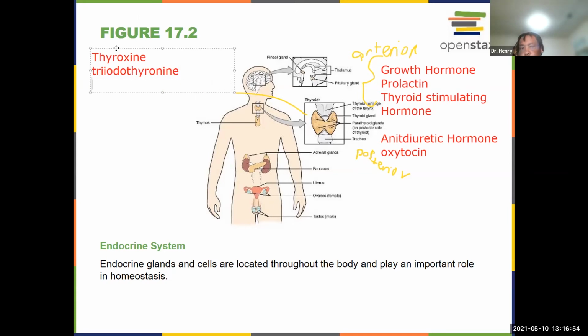We have calcitonin. So these are all going to be in the thyroid.